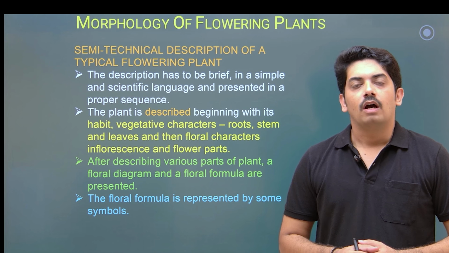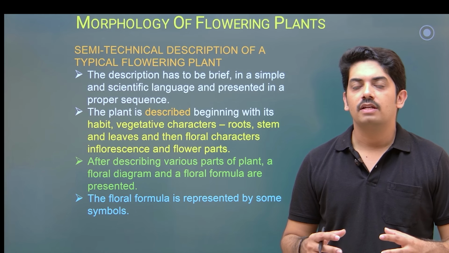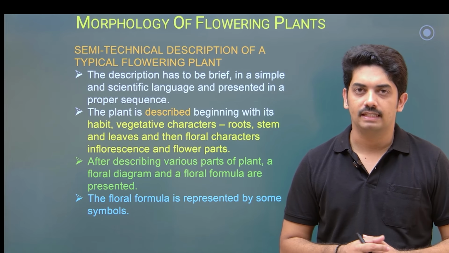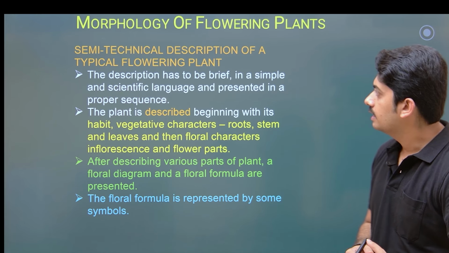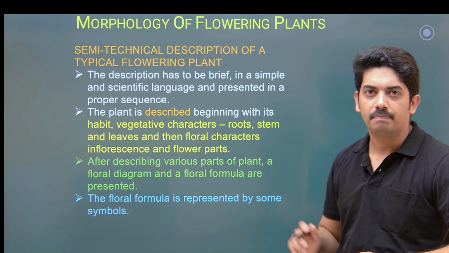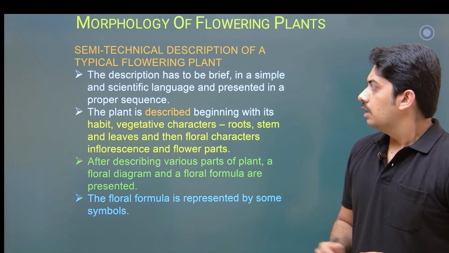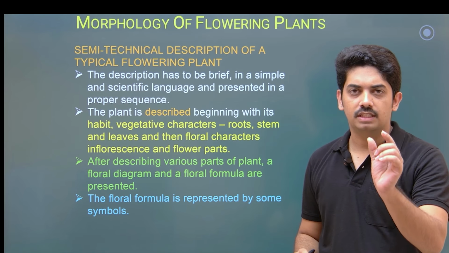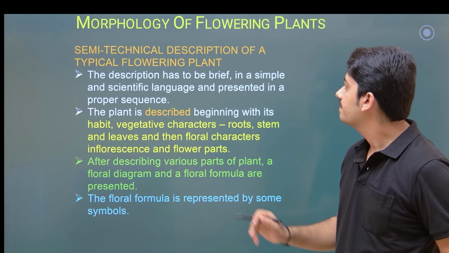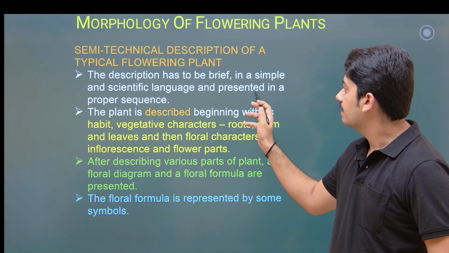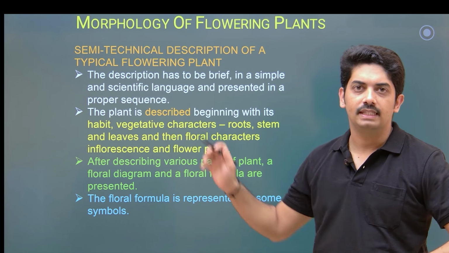So all descriptions are given in technical terms while describing the families. The description has to be brief, in one word or one sentence, in simple and scientific language, and represented in a proper sequence.